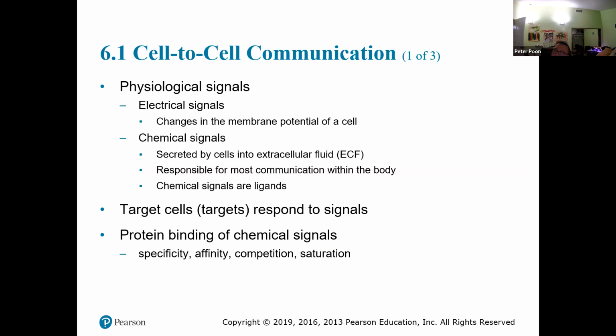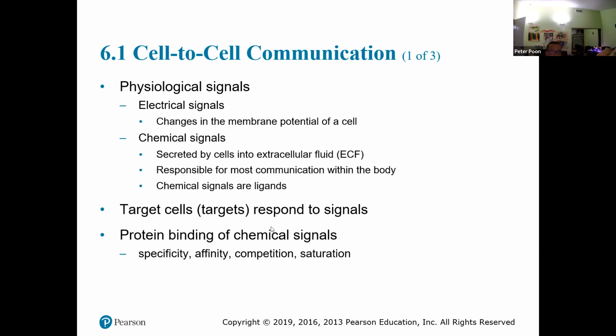So for every signal, there has to be a receptor. There has to be a way to receive the signal. If you don't have a way to receive the signal, it might as well not be there. Like if you don't have a radio, you can't listen to the radio station.